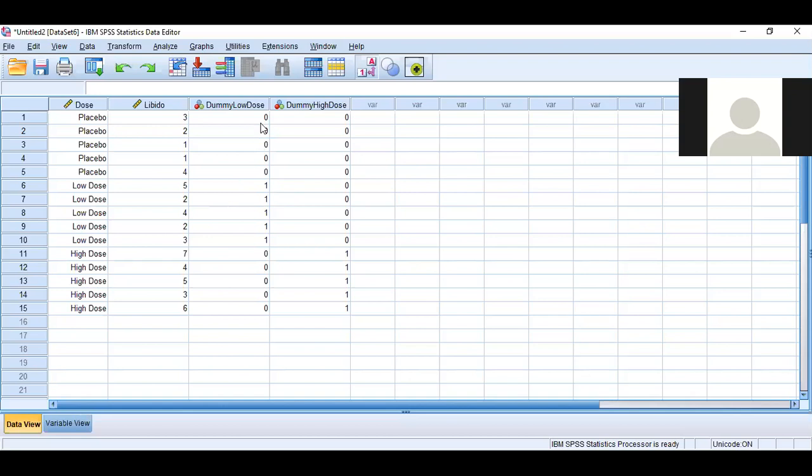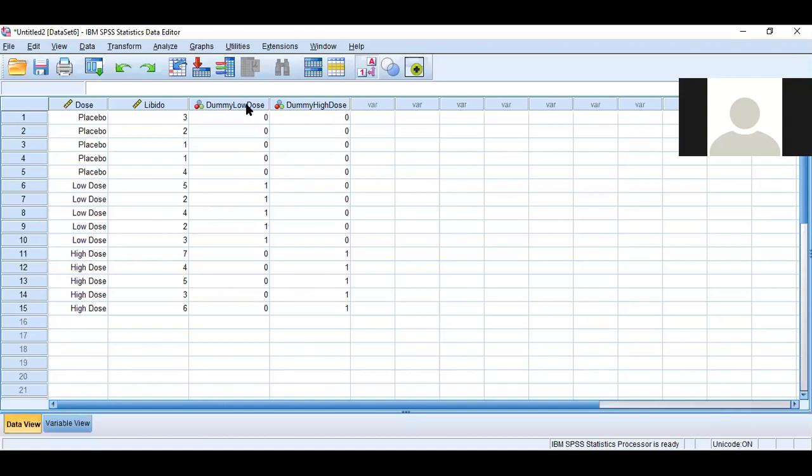So we have the first dummy, where you are going to make 1 category a reference group. In this case, we made placebo the reference group. It makes sense because last week Dr. Babagana was asking, why didn't we make high dose the reference?